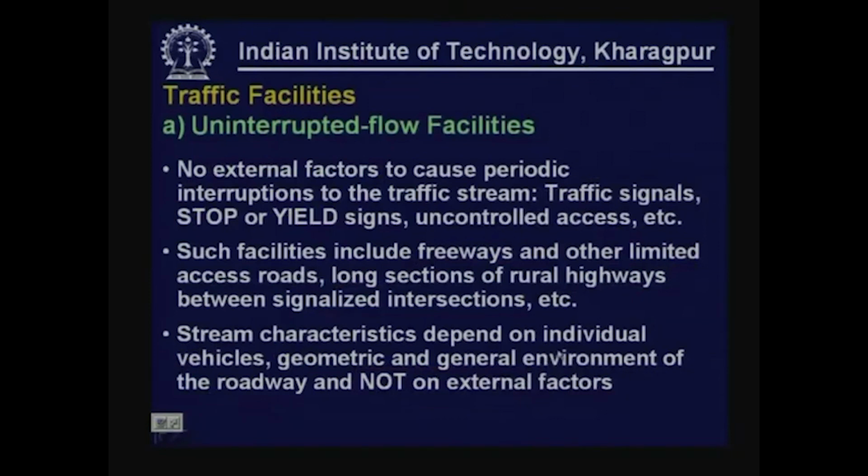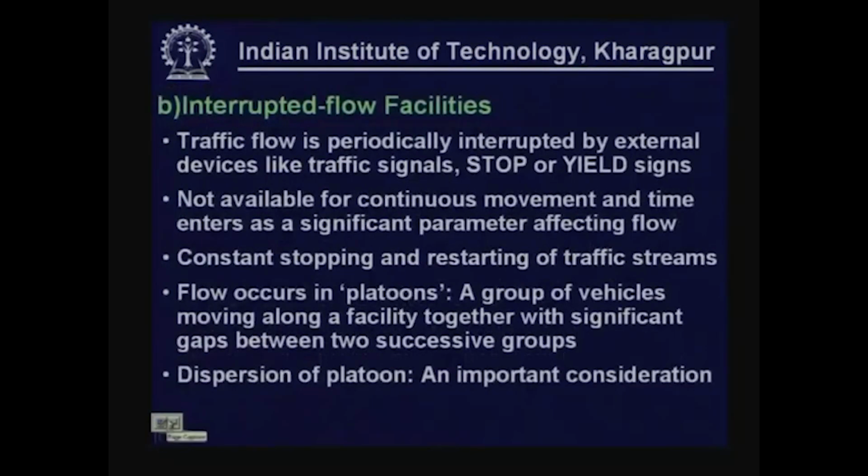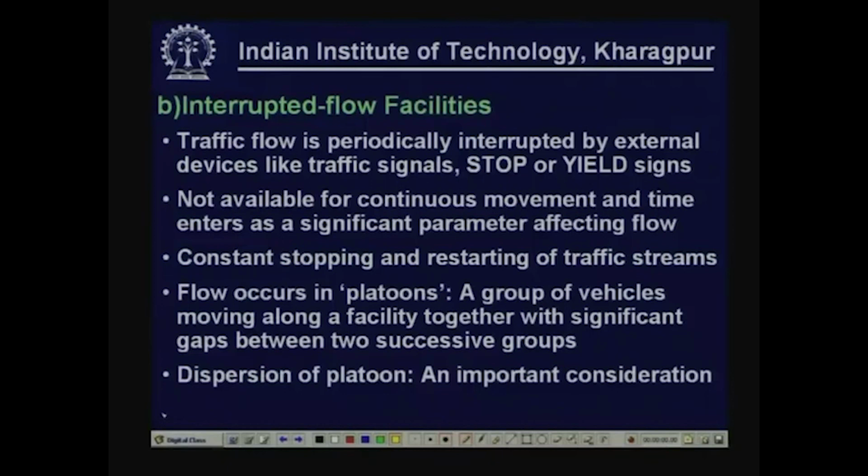Coming to interrupted flow facilities, this is the other one, just the opposite, where traffic flow is periodically interrupted by external devices like traffic signal, stop or yield sign, uncontrolled access and so on. In this case, facilities are not available for continuous movement because there is periodic interruption.